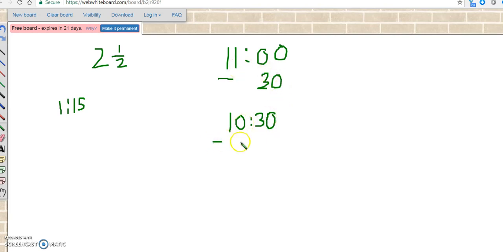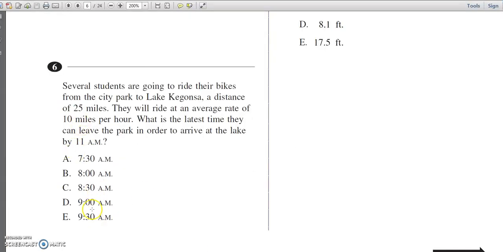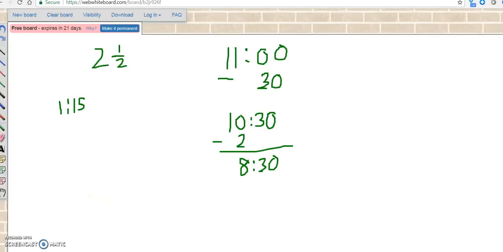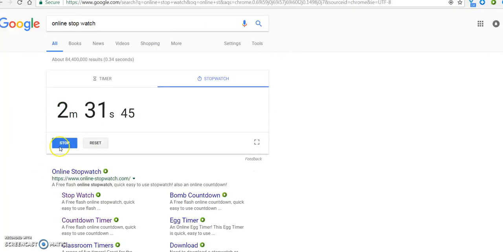Now I'm going to take 2 hours away, and that's going to leave me with 8:30. Okay? So the students need to leave by 8:30 in order to get there on time. That particular problem took me 2 minutes and 31 seconds going the long way around with it.